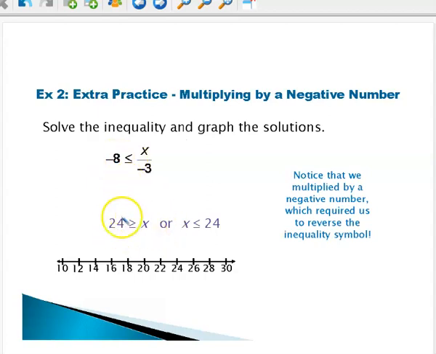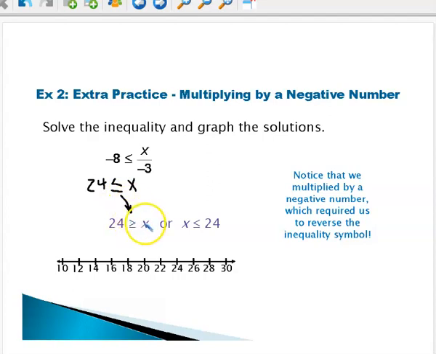Now, when I finish it the first time, look what I've got. I have the x on the right-hand side, and I'm not a big fan of that, so I'm going to flip it around. Let me go back and show this. I would have ended up with this right here, less than or equal to x. I've already flipped my inequality in my actual solution here.